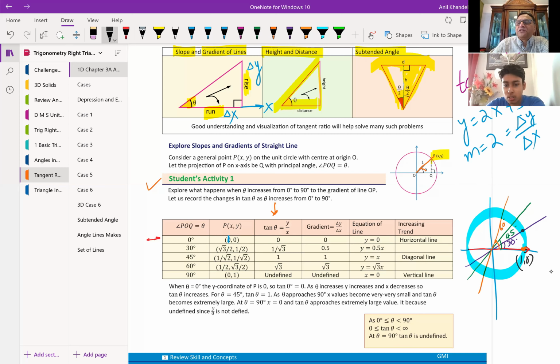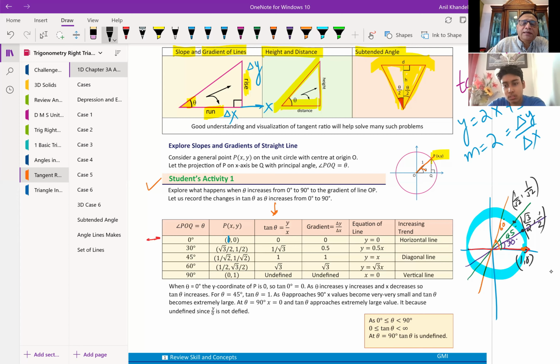Do you remember the special triangles? Yes, sir. If you look into the special triangle, this point is going to be square root 3 by 2. That is the x value, and half is going to be the y value. Take the point at 45 degrees. In that case, the point will be 1 over square root 2, 1 over square root 2.